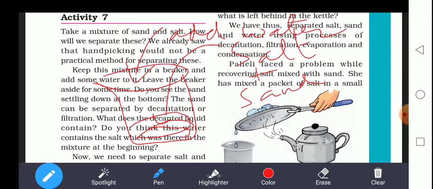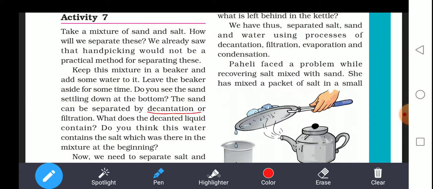Now what do you have to do? Now you will find the upper part here, where sand and salt and water are mixed. By the decantation process, decantation means what?